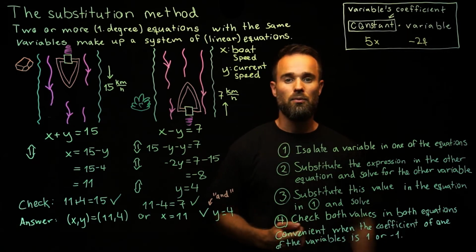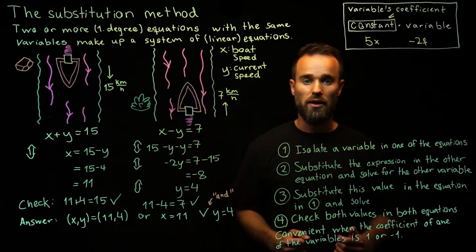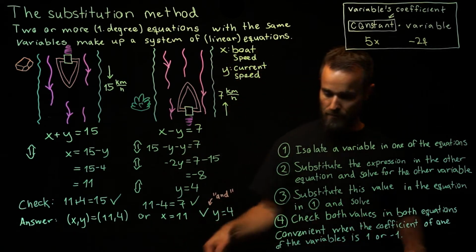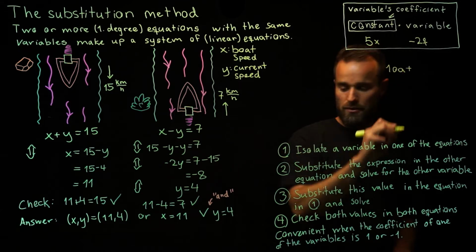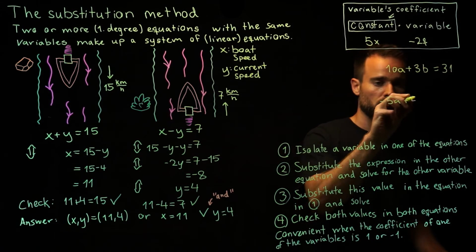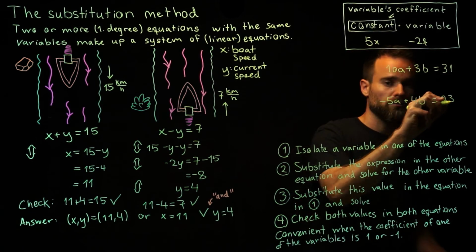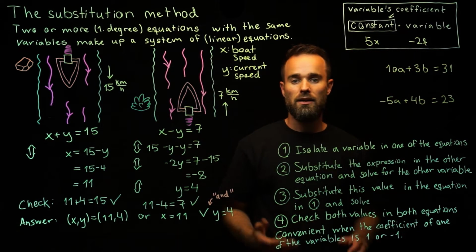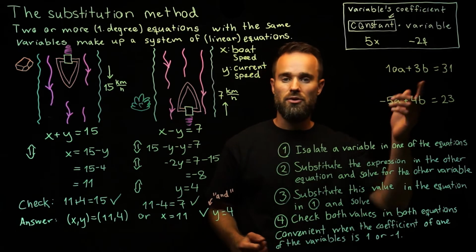Let's look at an example where none of the coefficients are 1. And let's isolate b in the first equation.